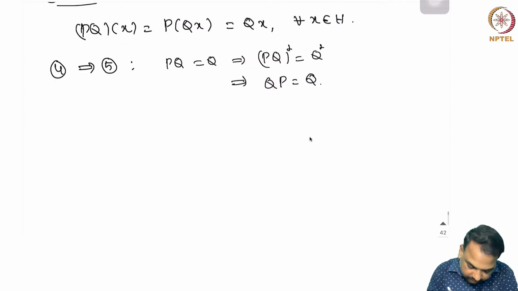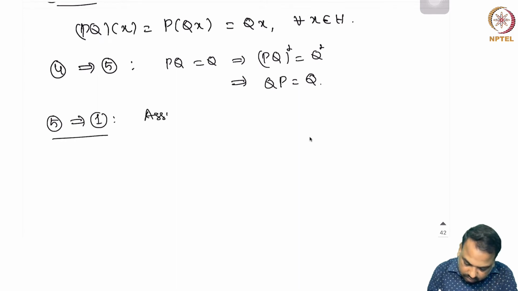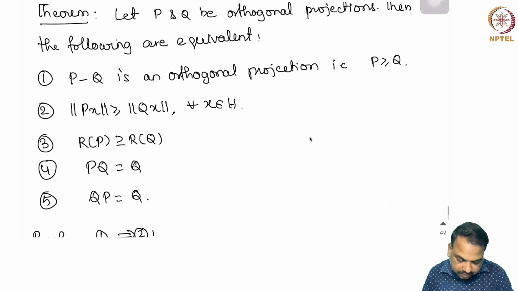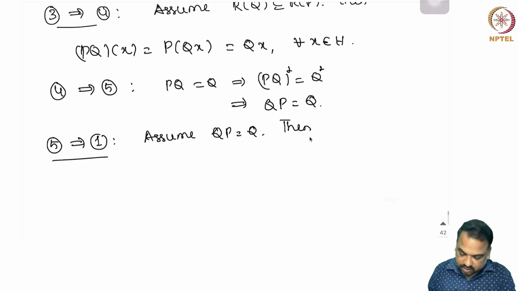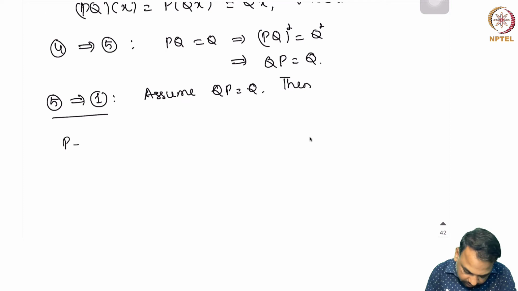Now to show 5 implies 1, assume that QP equals Q. We want to show that P minus Q is an orthogonal projection. First let us look at whether it's a projection or not. (P minus Q) squared is P minus Q multiplied by itself.